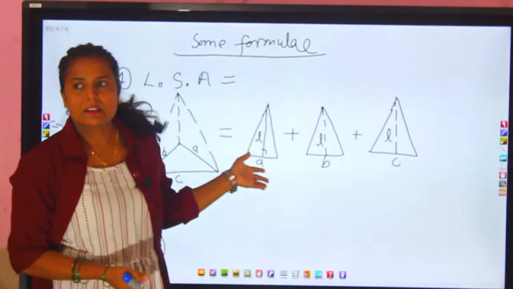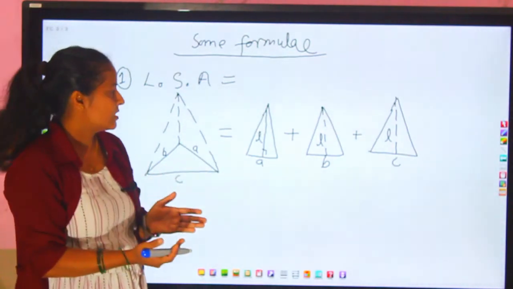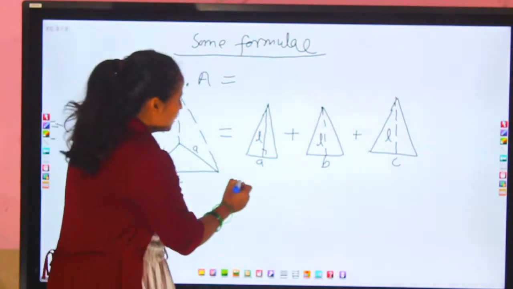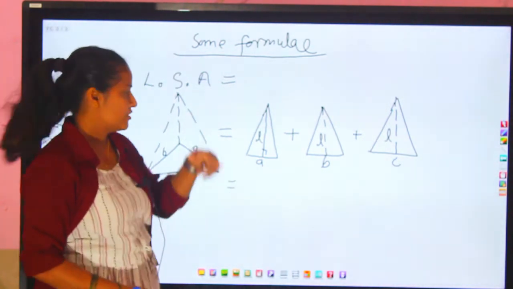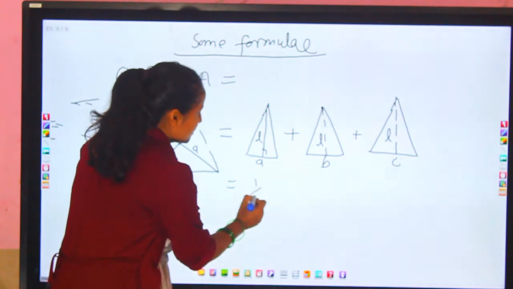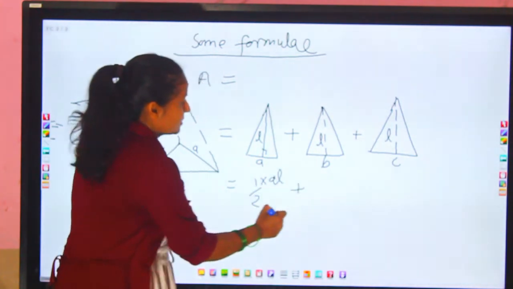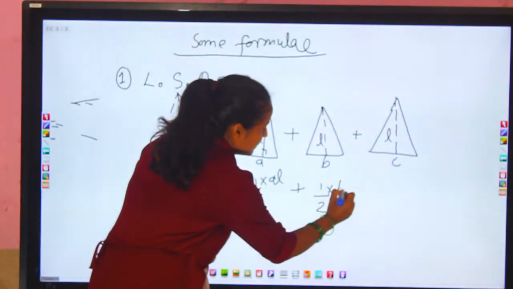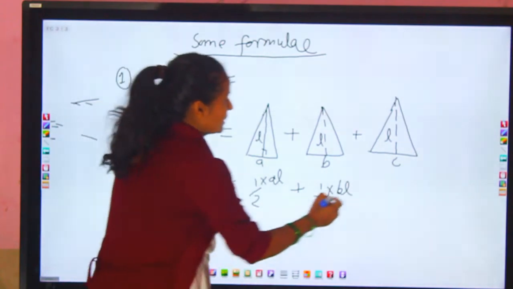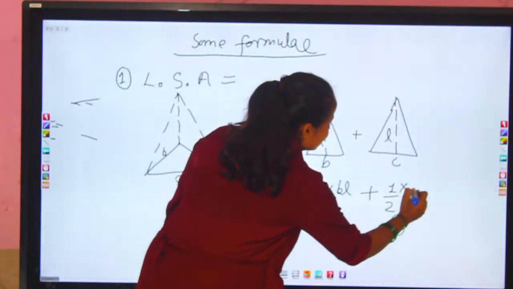Because we are in a right pyramid, all the faces should be isosceles. So this area will be 1/2 base into height, the area of the triangle, so 1/2 into AL, plus this area 1/2 into BL, plus another 1/2 into CL.